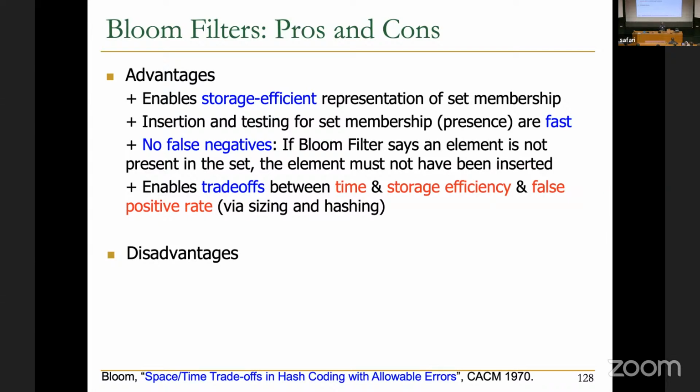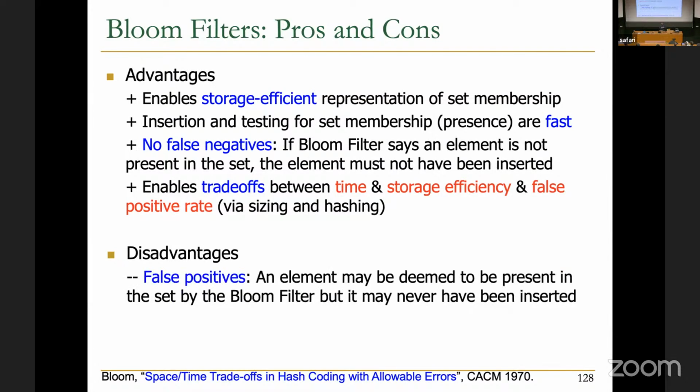It enables trade-offs between time, storage efficiency, and false positive rate. You can increase the size of this Bloom filter, which increases the accuracy. You store more metadata, but you get more precise results. The disadvantage is that it gives you false positives. Basically, you can refresh some rows more frequently than they actually need. This doesn't cause any harm for reliability concerns, but it can give you some extra performance overheads.